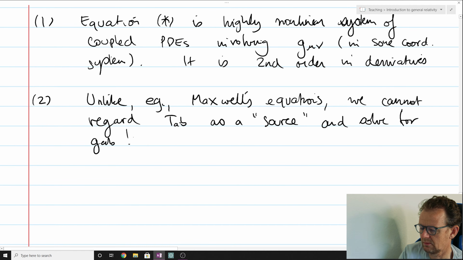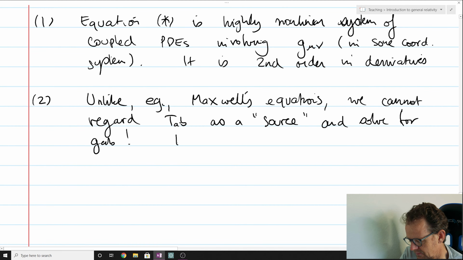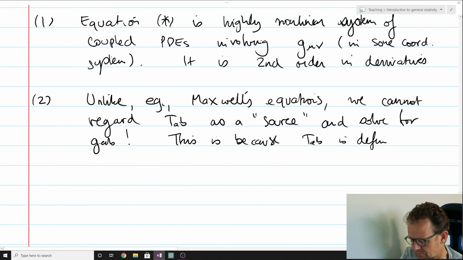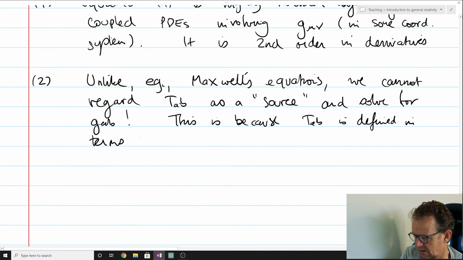There's a really fundamental aspect of general relativity that Maxwell's equations simply don't have. And the reason is that just defining the stress energy tensor involves the metric, certainly in the examples that are relevant in cosmology, and even the electromagnetic field, for example.